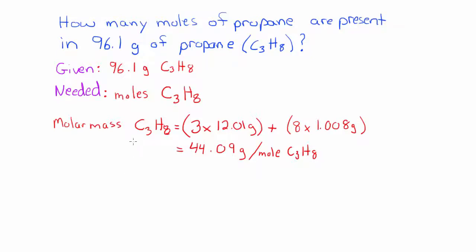All right, so let's keep going here. Now that we've got that molar mass information, we should be able to convert easily. So I'll write my given, which is 96.1 grams propane. I'm going to multiply that by a conversion fraction, and then I should end up with moles.